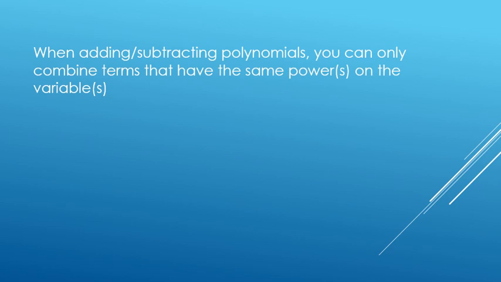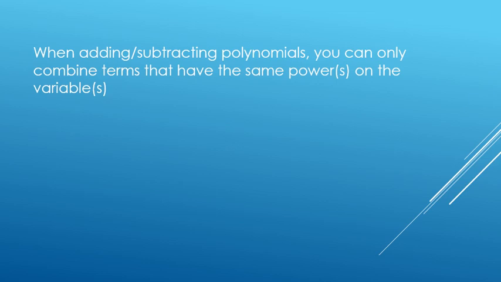So adding and subtracting polynomials, you can only add or subtract terms that have the same power or powers on the variable or variables. I include the option of powers and variables in case you did encounter a polynomial in more than one variable.